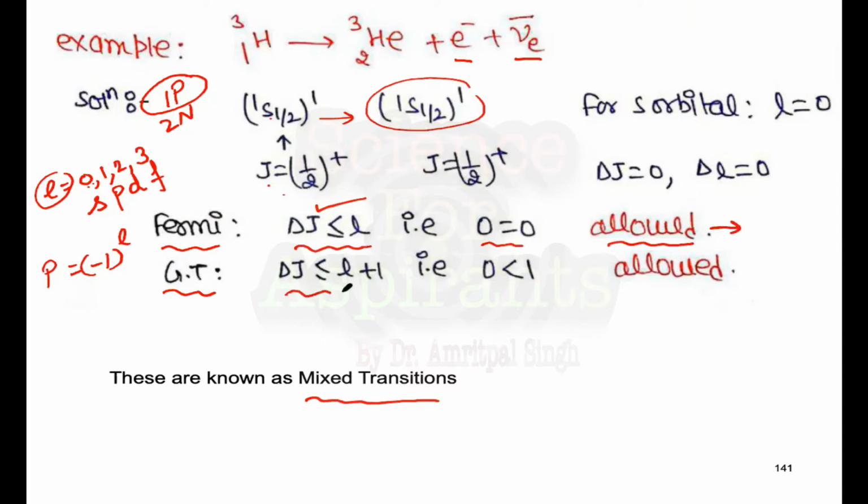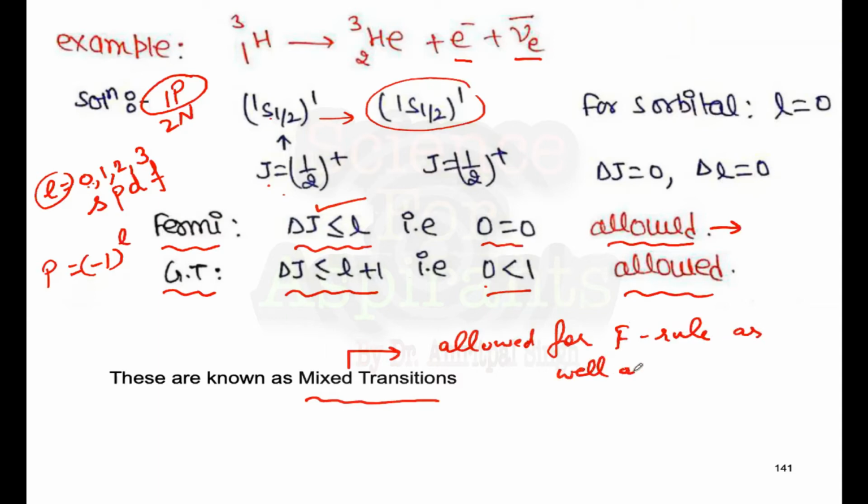Similarly, you can calculate the value of delta J, which should be less than or equal to L plus 1, and its value comes out less than 1, so it is again allowed for the Gamow-Teller rule. So this is a mixed transition. Mixed transition means it is allowed for both the Fermi rule as well as the GT rule.